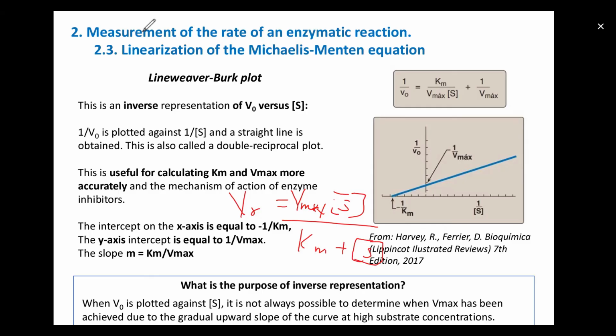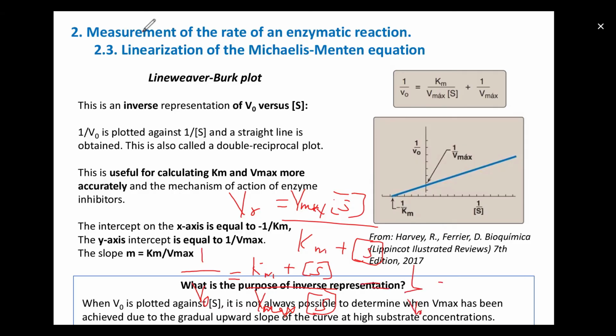If we take the reciprocal of this, it means that 1 over V naught is equal to Km plus substrate concentration all over V max times substrate concentration.